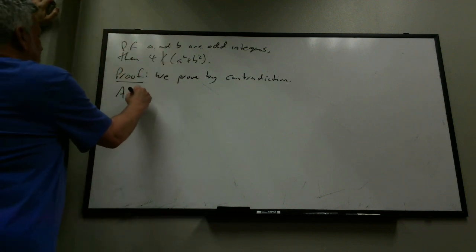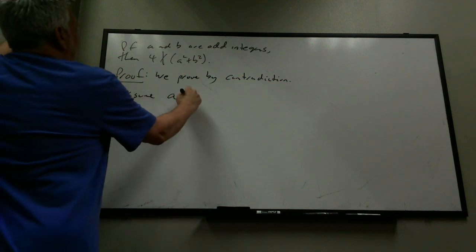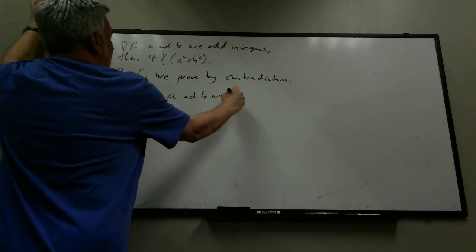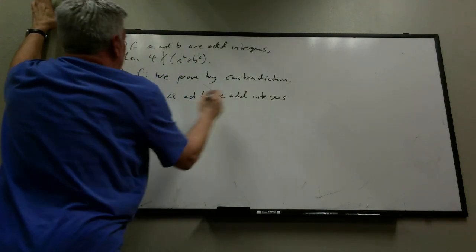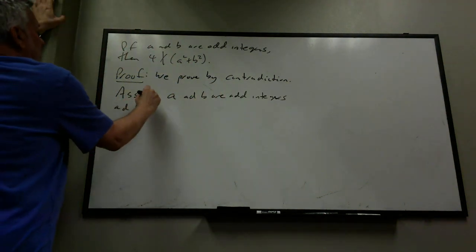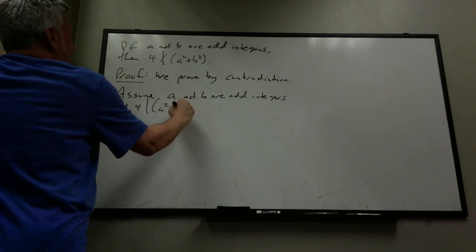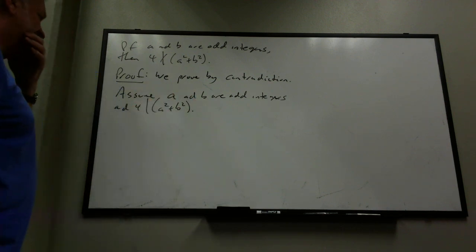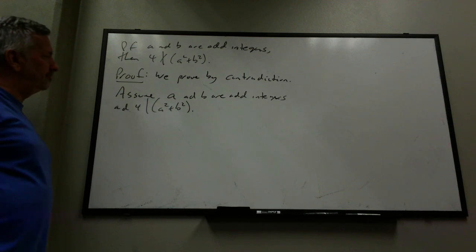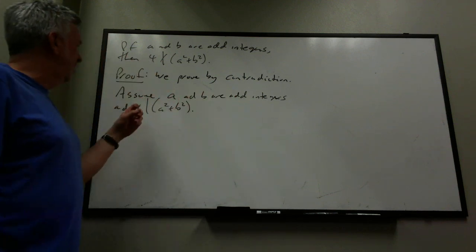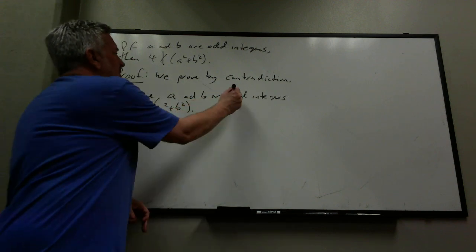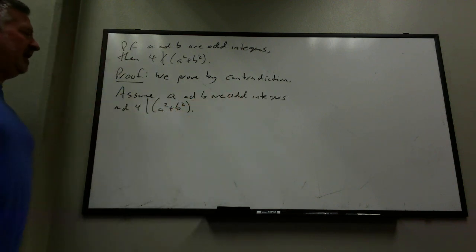So we assume A and B are odd integers, and 4 does divide A squared plus B squared. So we have stuff to work with here. A and B are both odd. That says and. A and B are both odd, and 4 does divide A squared plus B squared.